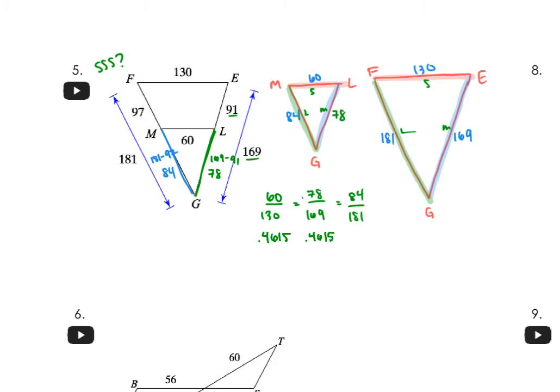And then 84 divided by 181 is about 0.464. So since the first two are equal, but this last ratio is not equal, we would say not proportional. Sides not proportional.